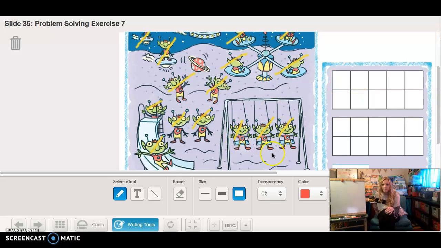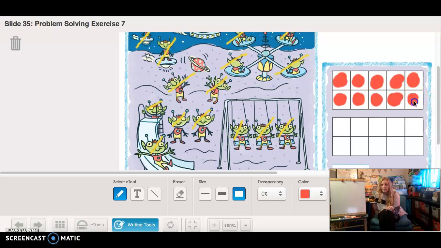So now let's draw 15 circles over here. 1, 2, 3, 4, 5, 6, 7, 8, 9, 10, 11, 12, 13, 14, 15.